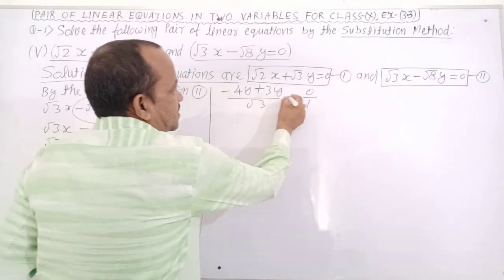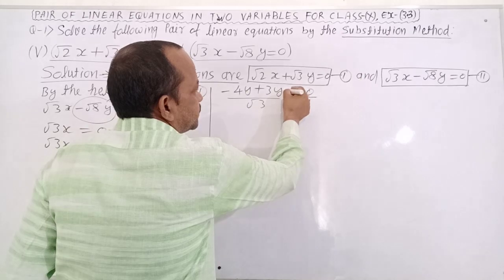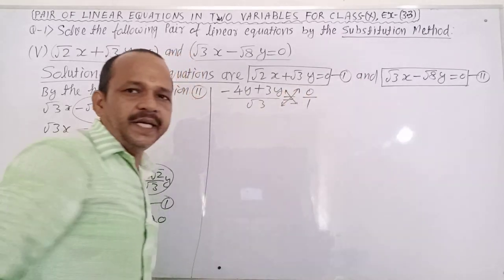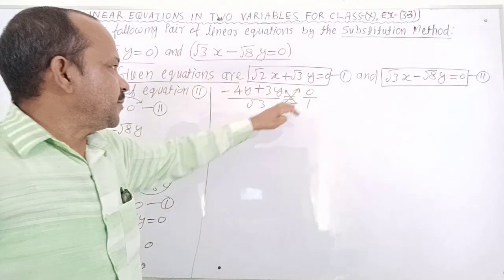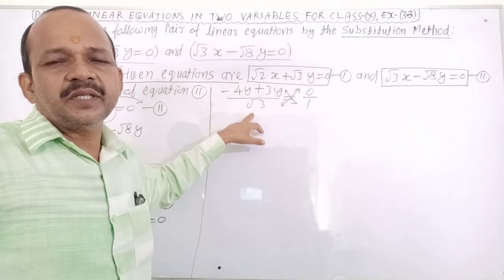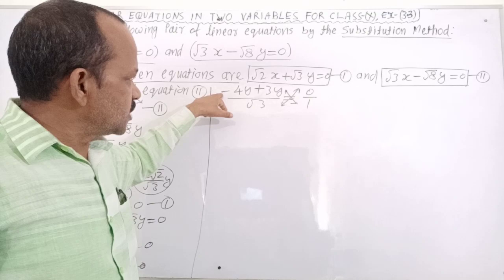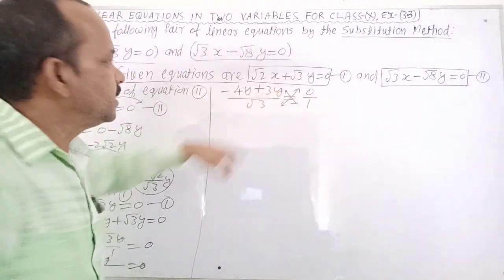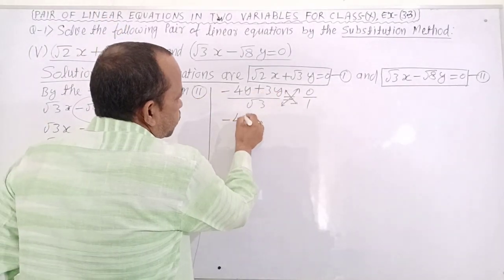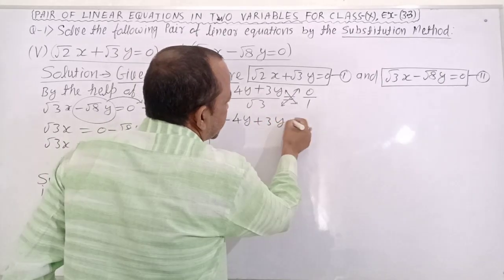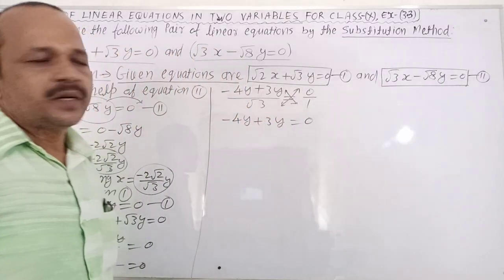Now you cross multiply. Clear? You multiply 0 and root 3. It becomes 0. You multiply 1 and minus 4y plus 3y. It becomes minus 4y plus 3y equal to 0.